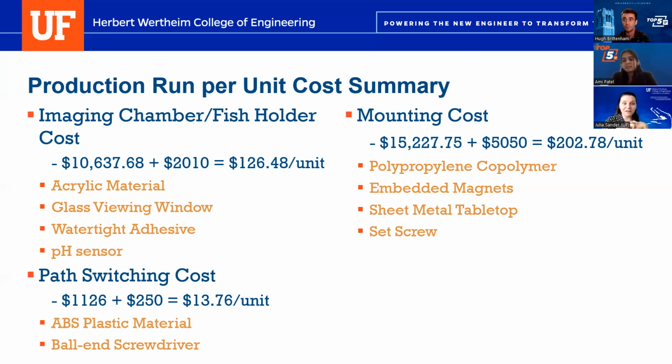Yes, I understand it's 100, but what you're trying to present here is not necessarily what it would cost to do 100. You're trying to present what would it cost to do a lot of these into the future. So again, it's something to consider.